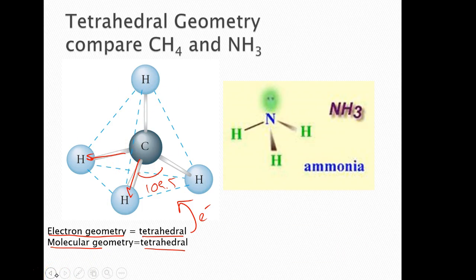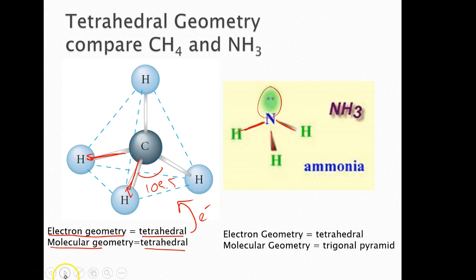When you're doing NH3, you still have those 4 electron regions, one sticking forward, one sticking behind, and then one in the plane. But up here you have lone pairs. So its electron geometry is still referred to as tetrahedral because it has 4 electron regions around it. So the electron geometry is the same as this guy because they both have 1, 2, 3, 4.